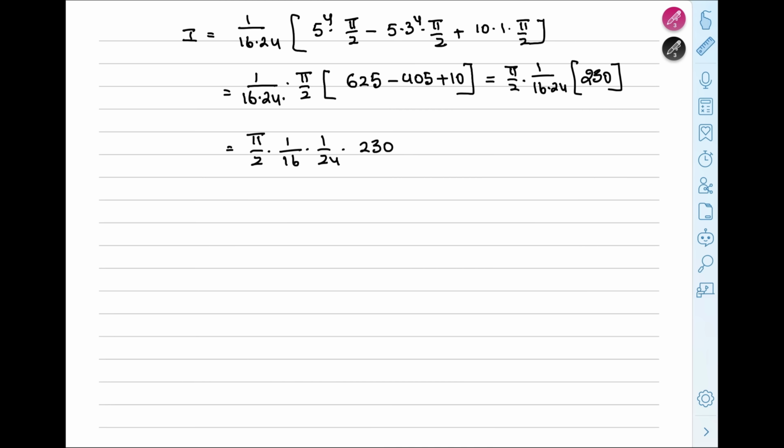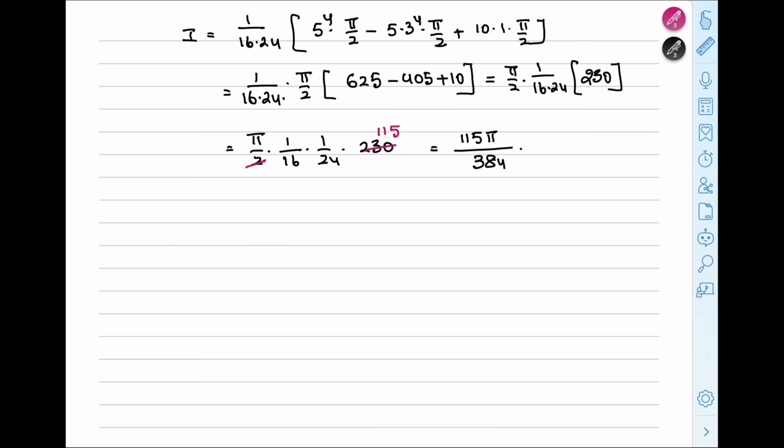Now 230 can be divided by 2, this 2 will go here, it will be 115. Hence the answer will be 115 pi divided by 16 into 24. What is the value of 16 into 24? 16 into 4 is 64, 16 into 20 is 320, so 384.